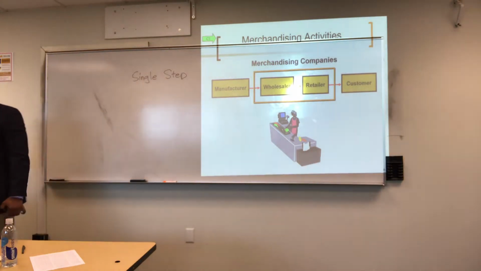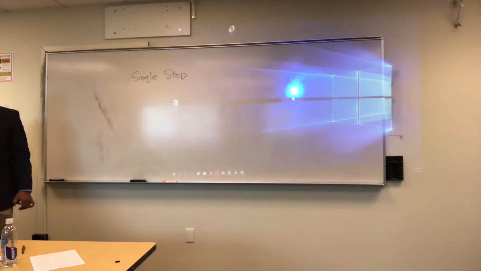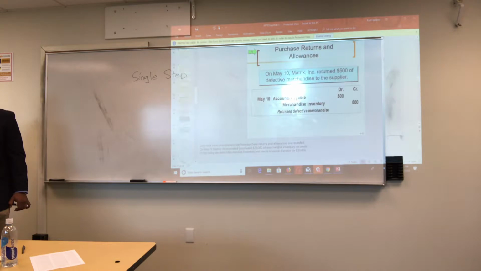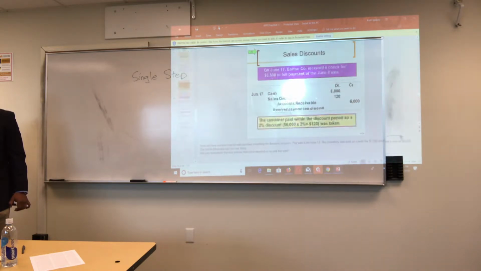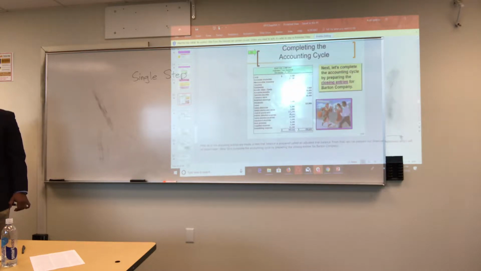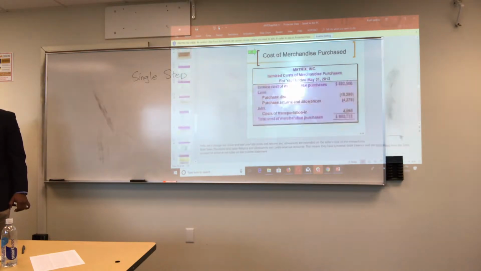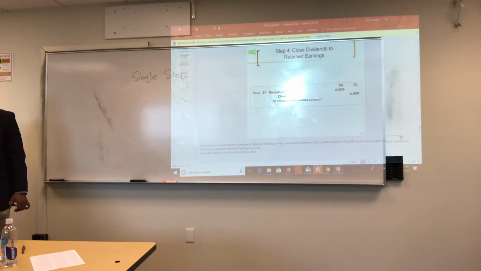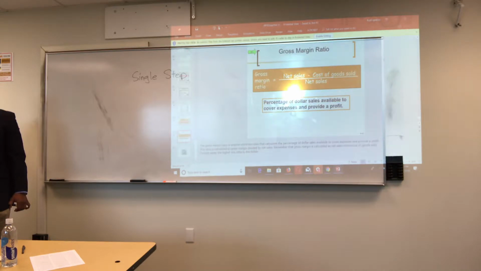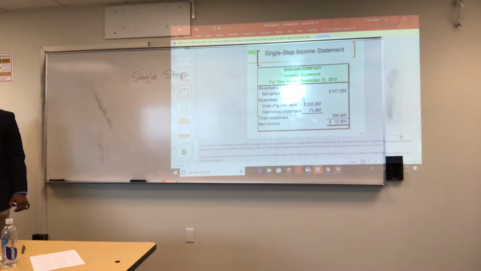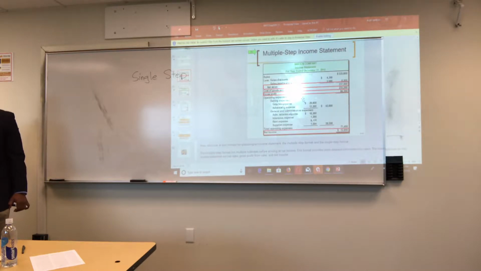Now, with that being said, we're going to extend out this financial statement. I'm going to skip a couple of slides up because I want to show you what that income statement is going to look like.